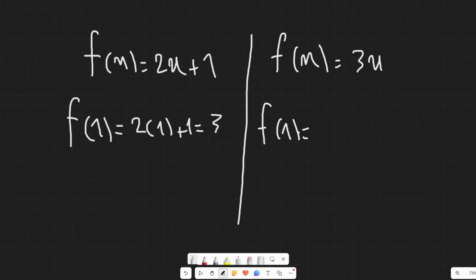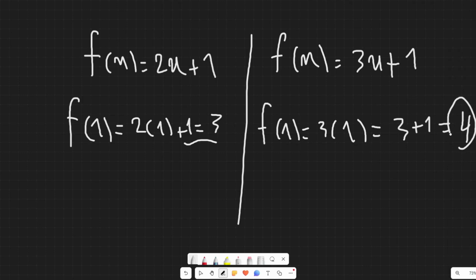The next one, if you replace x with 1, we have 3 times 1, and 3 times 1 is 3. Maybe 3x plus 1, and it will be 4. Okay, cool. So as you can see, different functions, if something is different here, then the output of the function will be different too.